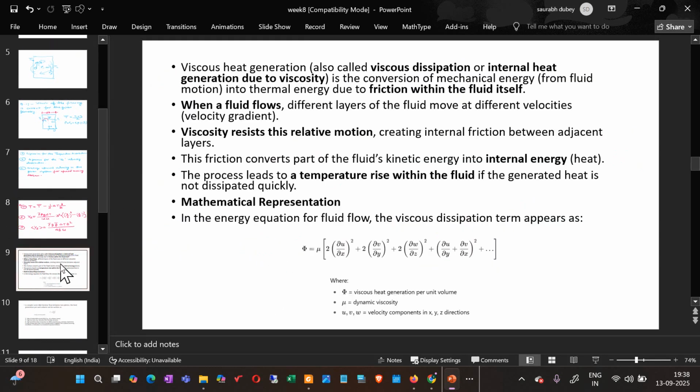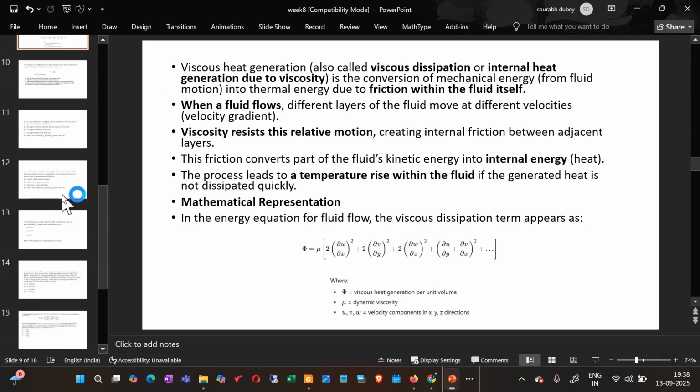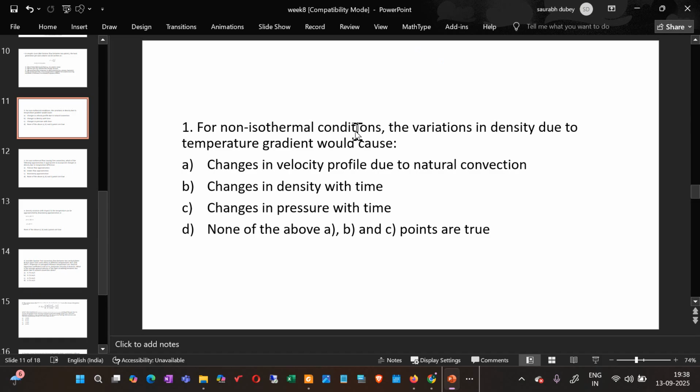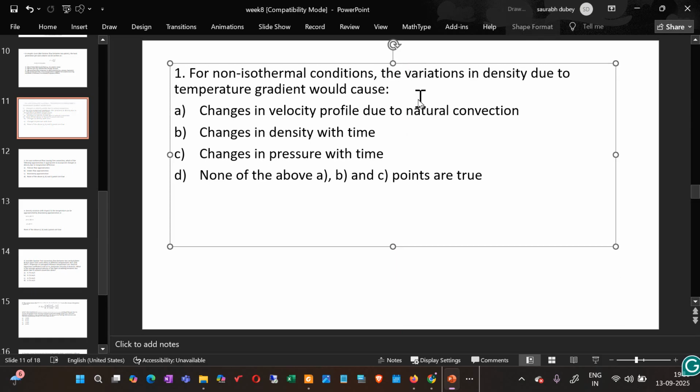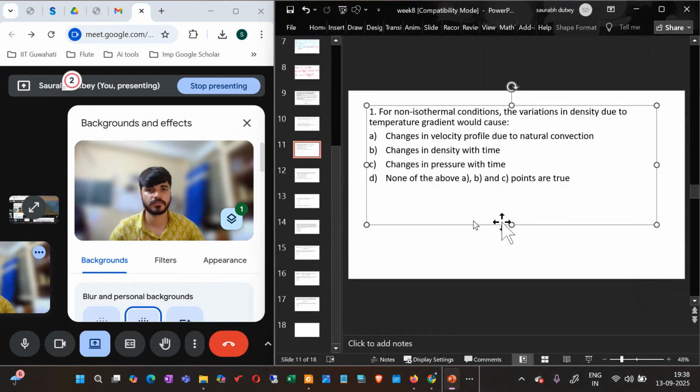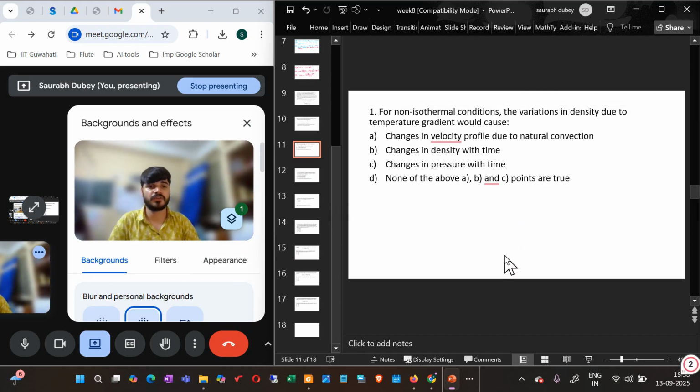So now moving towards some questions. Let's see this question. Okay, this question: for non-isothermal conditions, the variation in the density due to temperature gradient would cause what?